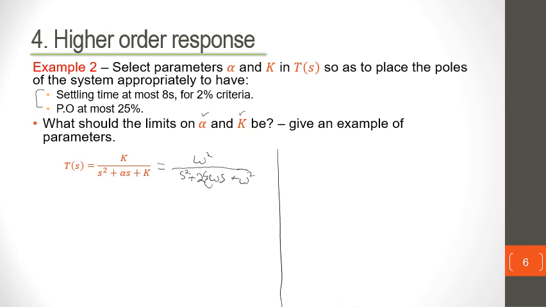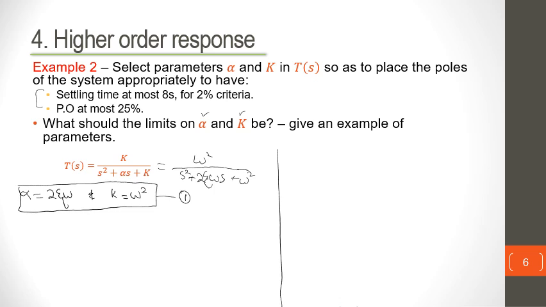If you equate the two expressions, we realize that alpha is equal to 2 times the damping factor times the natural frequency, and k is equal to the natural frequency squared. These are our two equations, which we'll together call equation 1, part 1 and part 2.